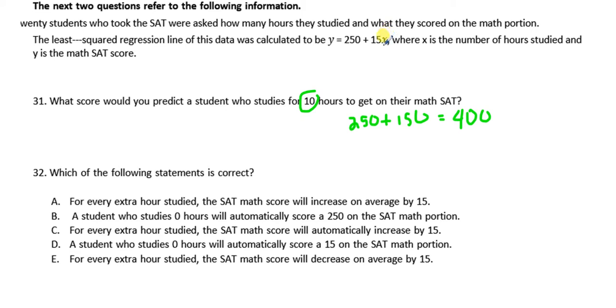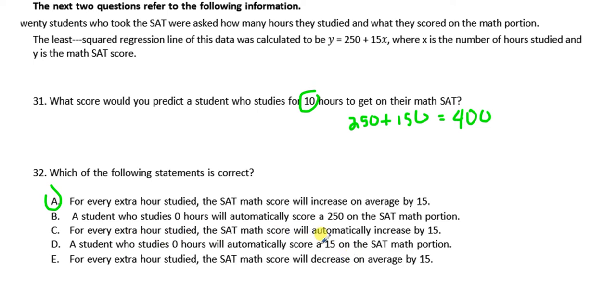For every one X goes up, like if X is at 1, you got 265, X goes up another 1, you go up an extra 15. So for every extra hour, it goes up by 15. I'm going to get rid of that color though. So decrease, no, it's going up, positive 15.